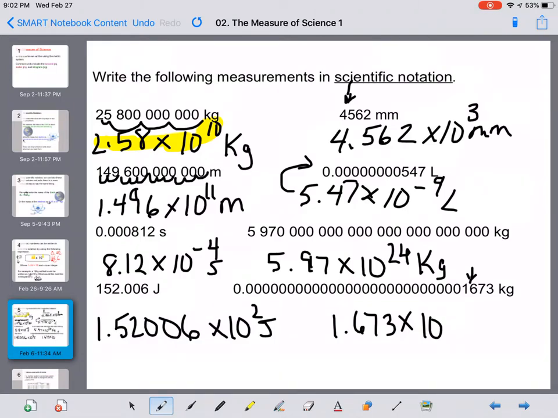So 27, and it's a negative because the number is less than 1, in kilograms.